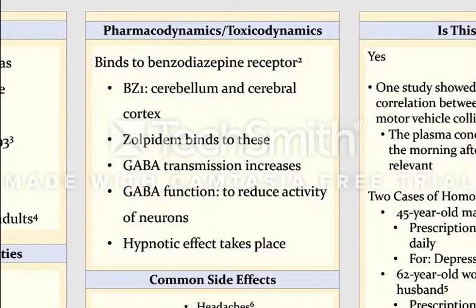We're going to focus on BZ1 because that's what Zolpidem binds to. Once it binds, it increases the GABA transmission. And because GABA works to reduce neuronal excitation, it causes that sedative or hypnotic effect that we talked about earlier.